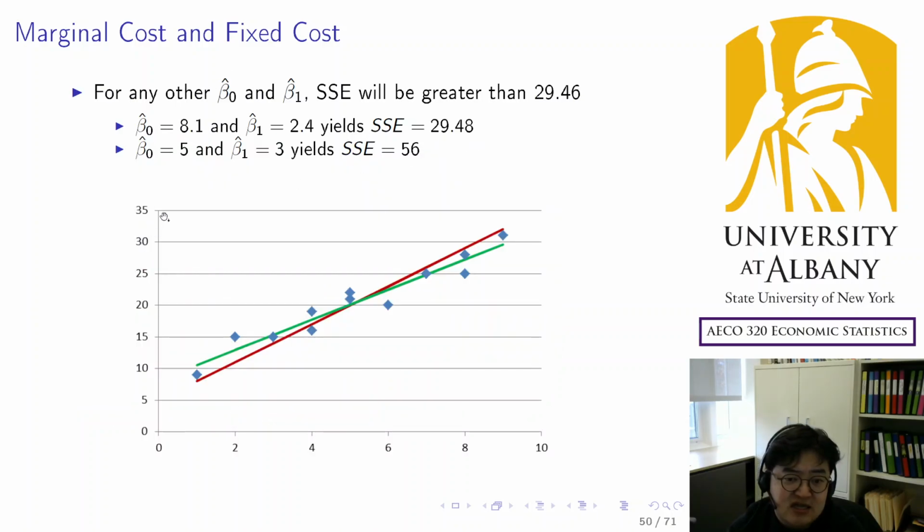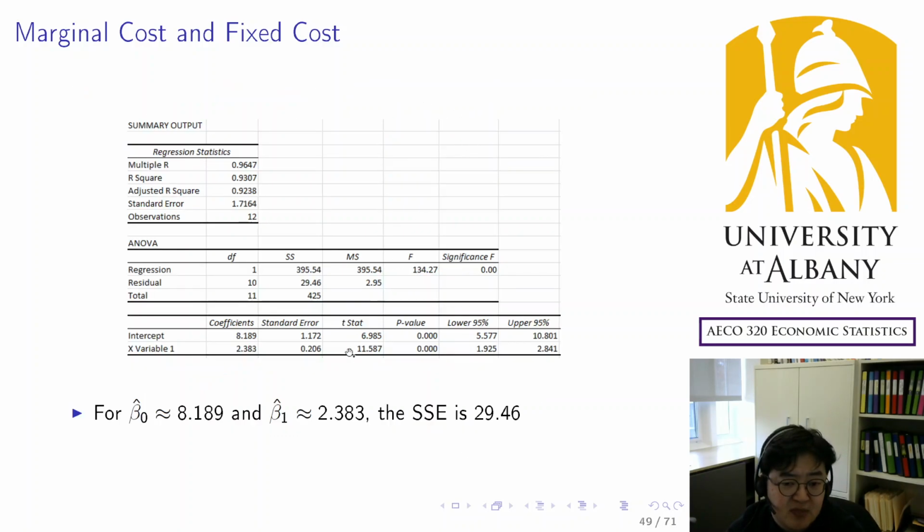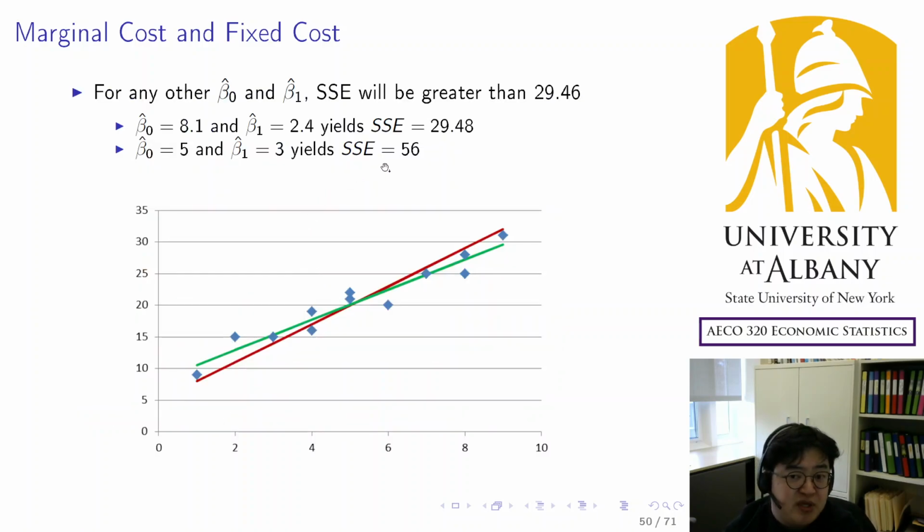And then this green line is pretty similar to the true trend line, but its sum of squared errors is 29.48, which is slightly greater than 29.46. So if you deviate from the optimal, sum of squared errors will increase. So your residuals will increase, and your prediction quality will be less accurate.